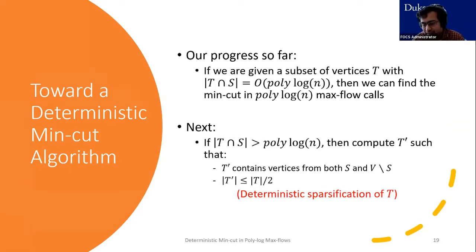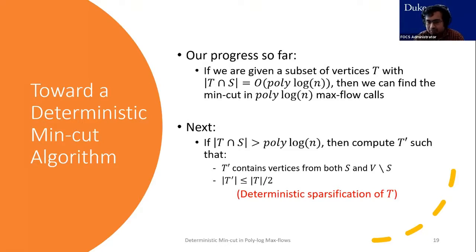And the last piece of the puzzle is how do we get to an almost isolator? So we show this lemma where we say that if you don't have an almost isolator, so if you have a subset of vertices that overlaps both sides of your min cut at more than polylog n vertices, then in fact you can do a sparsification. This is not sparsification in the sense of the first step, where you want to reduce the number of edges. Here I want the set of vertices in this isolator that I'm trying to build to become smaller, while still overlapping both sides of the min cut.